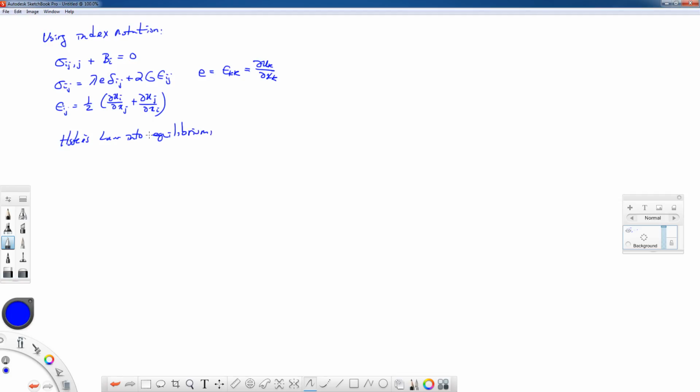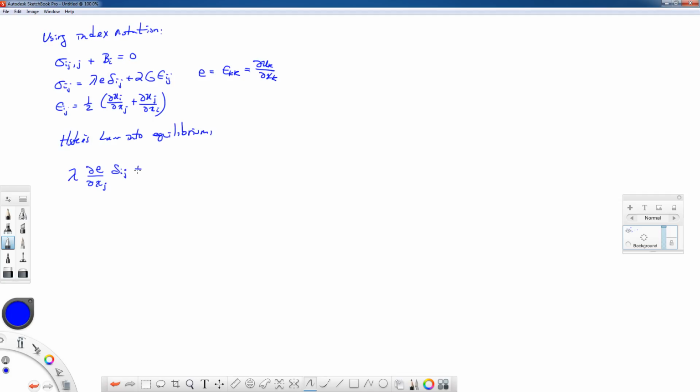Alright, so let's put this into our equilibrium equations. We want to take the partial derivative of sigma ij with respect to xj. So if sigma ij is equal to this, let's do that. Lambda, now e, lambda is a constant, so we don't have to worry about its partial derivative. We're going to have the partial derivative of little e with respect to xj. Help me keep an eye on my subscripts. And then we're going to have Kronecker delta ij.